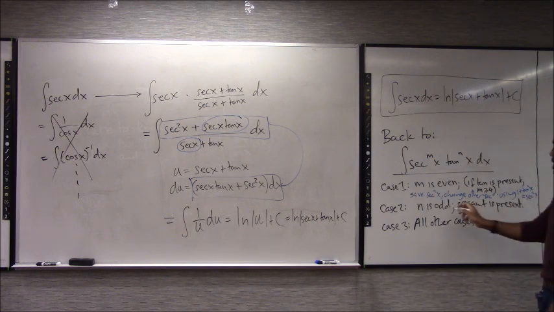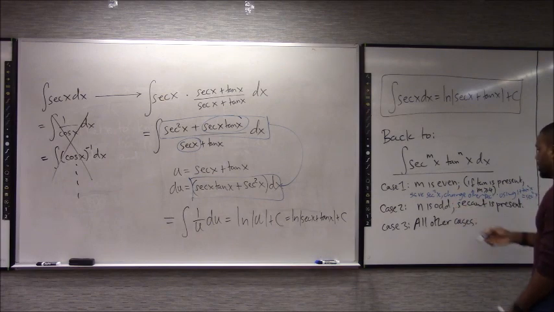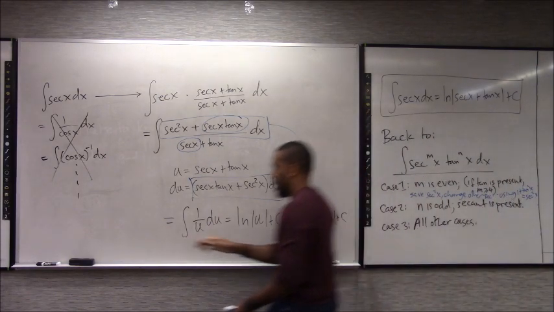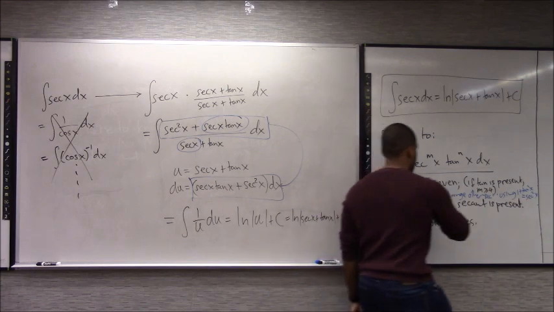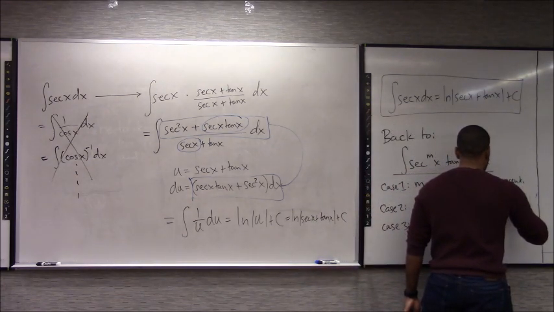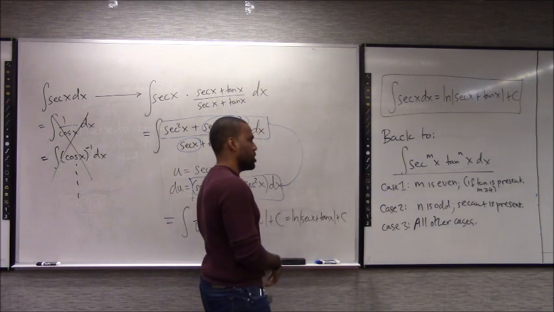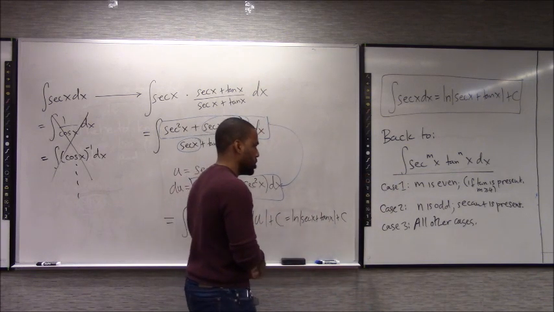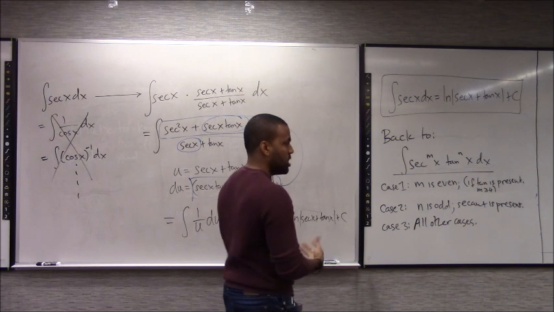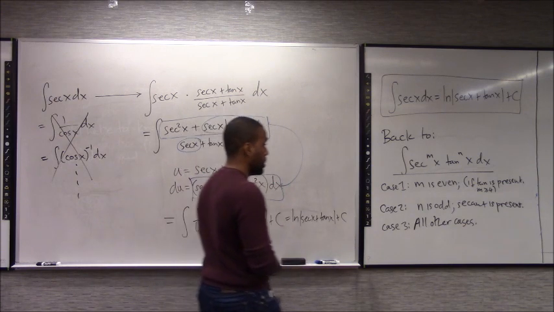You'll save a secant squared, change all other secants to tangents using that identity. Then you do a u equals tangent substitution.